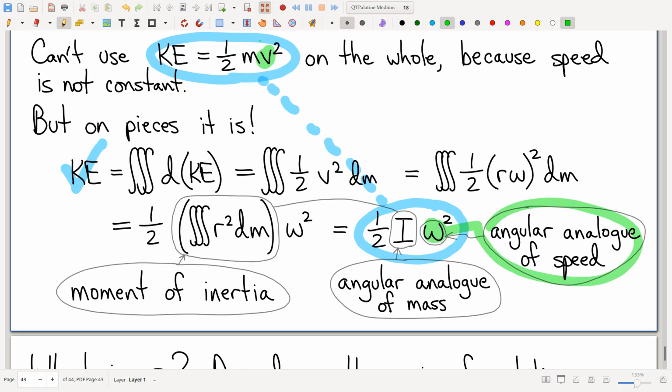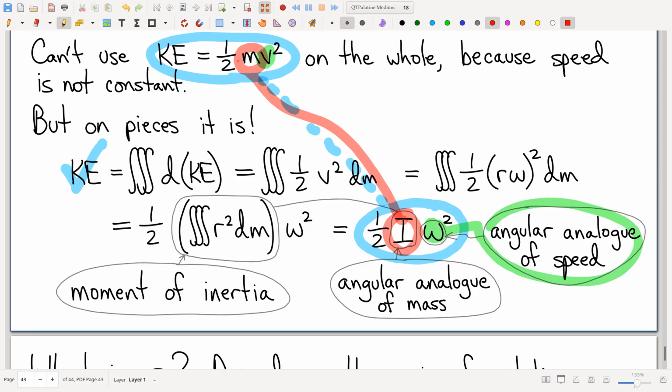And so I'm going to call angular speed the angular analog of speed. And along those same lines, I think this is a pretty easy pitch. Notice that this thing, whatever that is, we'll come back to that in a moment. The thing that the I here, that's the thing that's playing the role that mass played in the above linear formula.